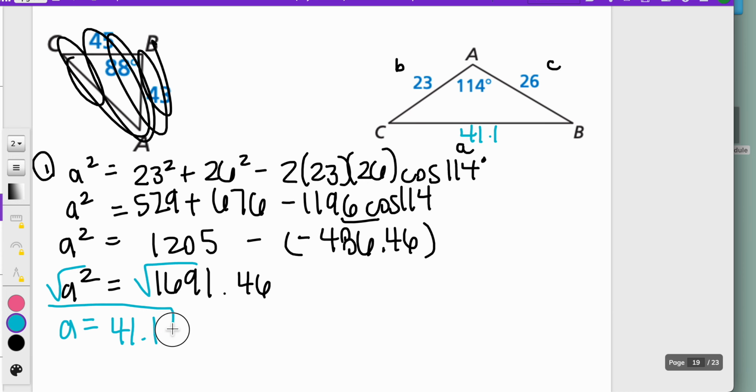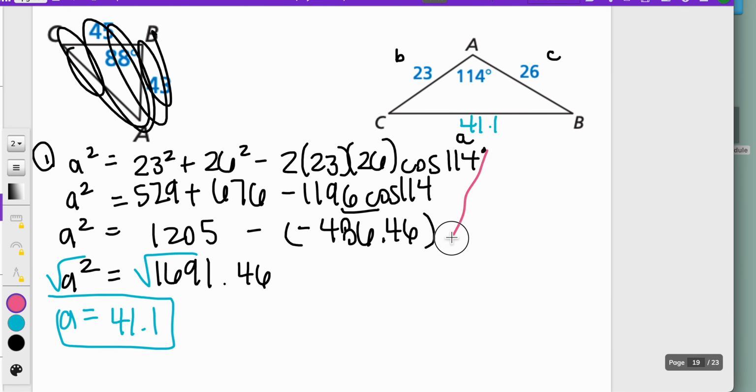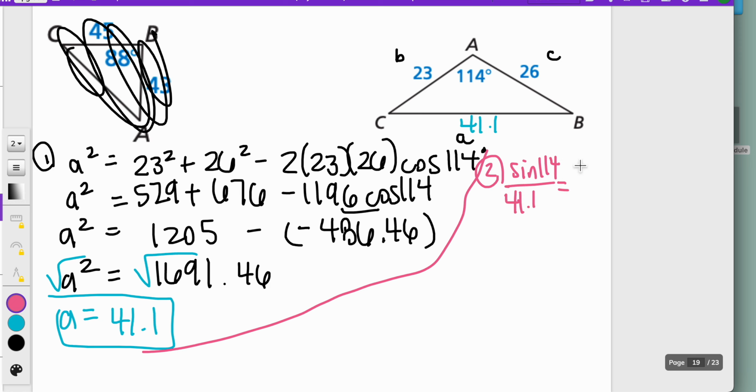Okay, so that was step one. Step two, we can now use the law of sines. So the sine of 114 over 41.1 equals, let's do sine of B over 23. Again, you could choose to do sine of C here, it wouldn't matter. 41.1 times the sine of B is equal to 23 times the sine of 114.